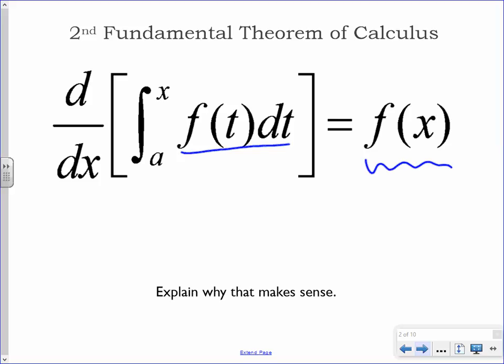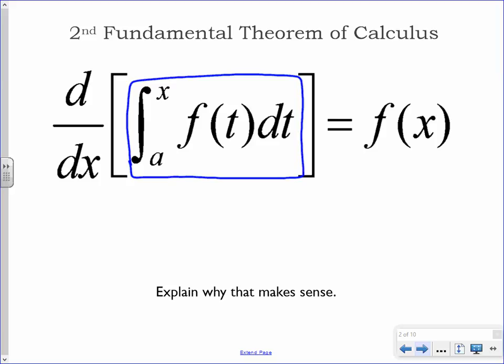Okay. When we take the integral here, we're going to plug x in minus, we're going to plug a in, right? So we're going to have something in terms of x, and then we're going to take the derivative with respect to x, so we better get something in terms of x. Okay? So let me demonstrate this here. If we take this right here, we're going to get the antiderivative of f evaluated from a to x, right?